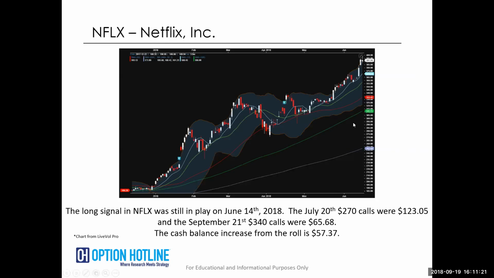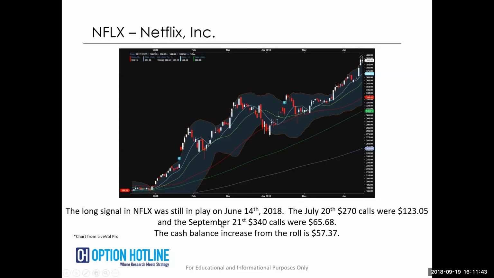And in that time period, the calls went from 53 to 123, so around 150%. But because our long signal still applies, we don't exit. We roll to a $340 call, $70 further up. So instead of the 270s, we're now in the 340s.